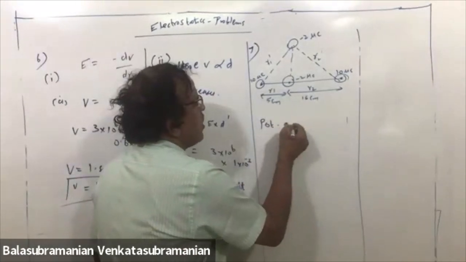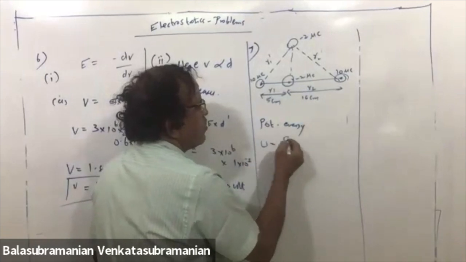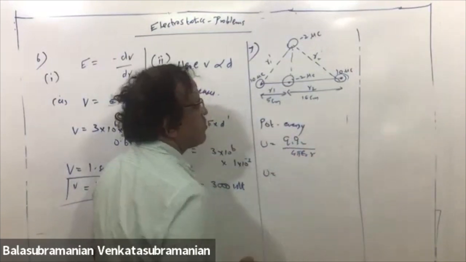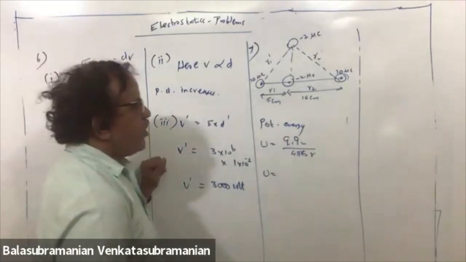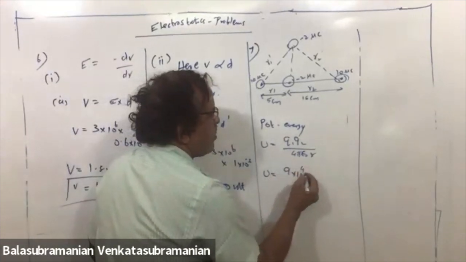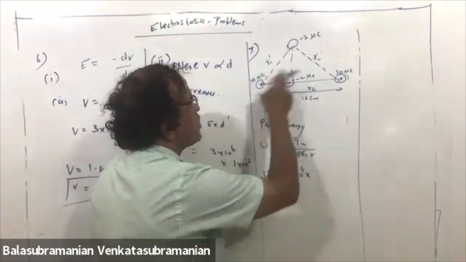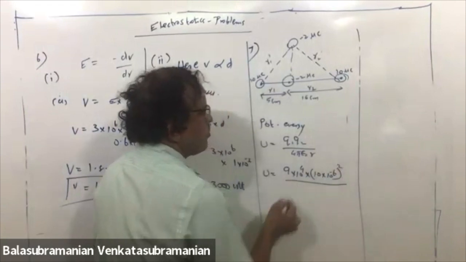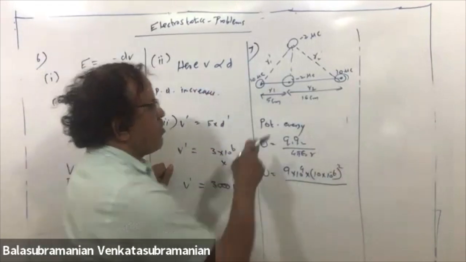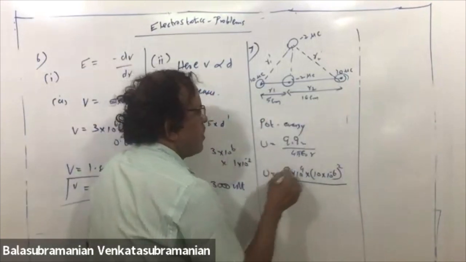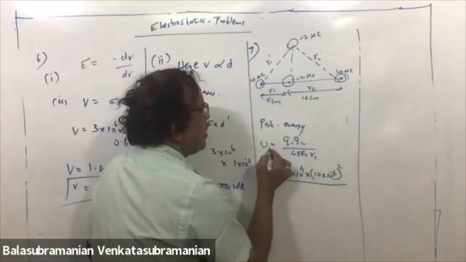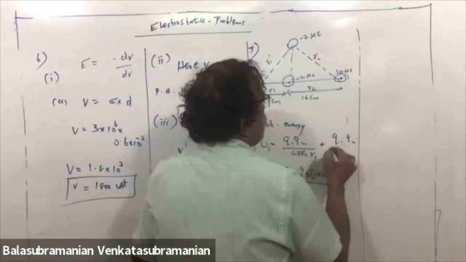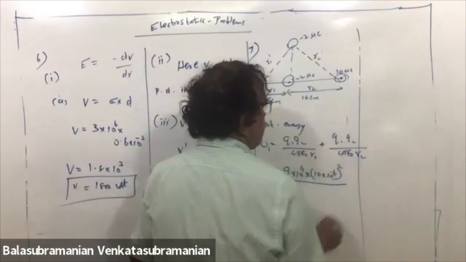Potential energy U is equal to Q1 Q2 by 4 pi epsilon naught R. 1 by 4 pi epsilon naught as usual 9 into 10 power 9. Q1, Q2 both are 10 microcoulomb, 10 into 10 power minus 6 the whole square, divided by R. There, this is R1, initial potential energy. Q1, Q2 by 4 pi epsilon naught R2.